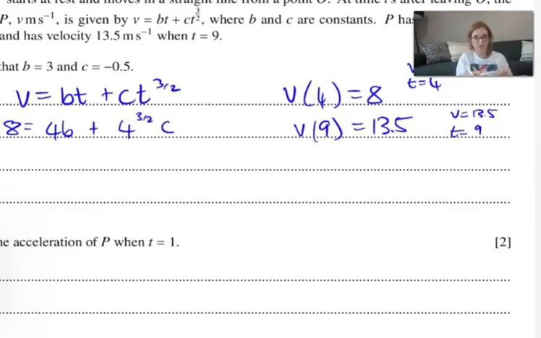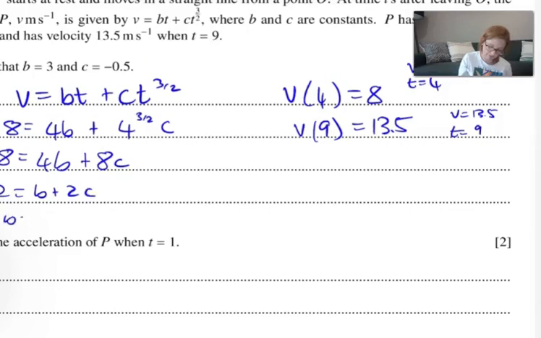That's 4 to the power of 3 over 2, which is 8. Okay, I can immediately just divide through by 4. So my b is 2 minus 2c.